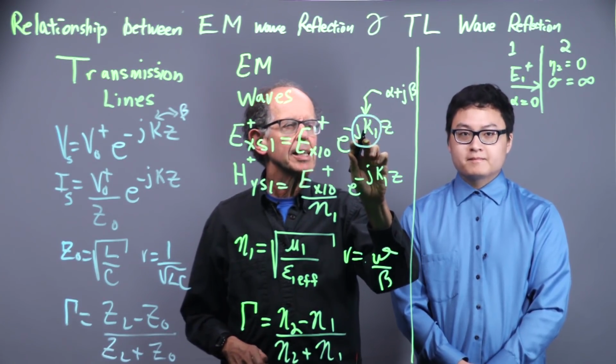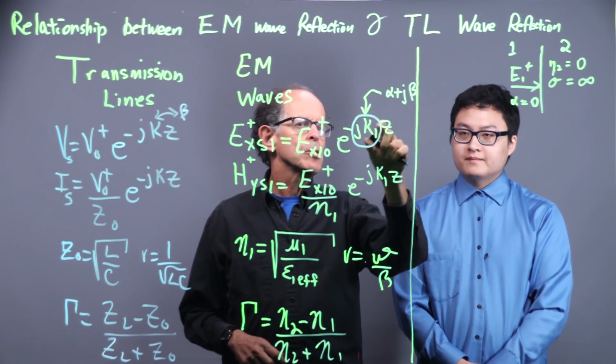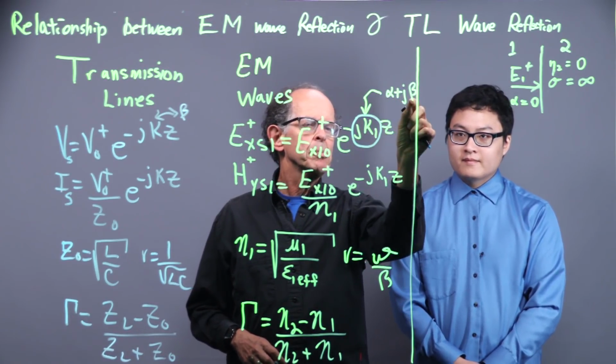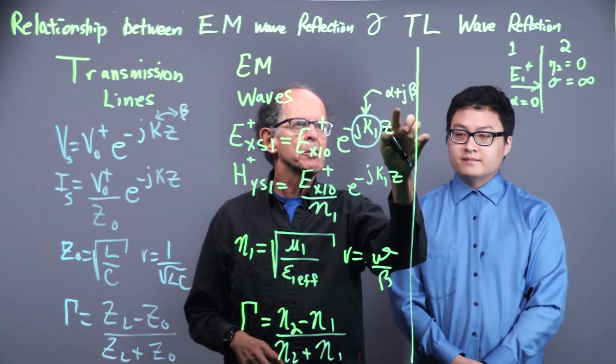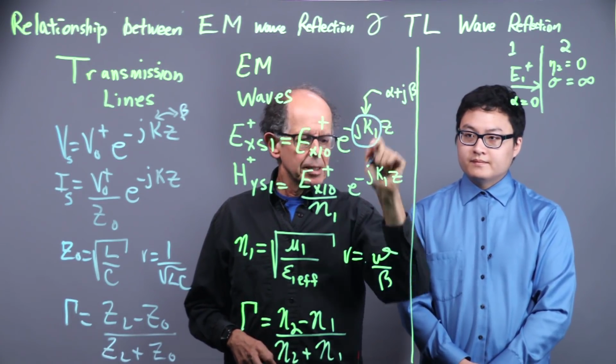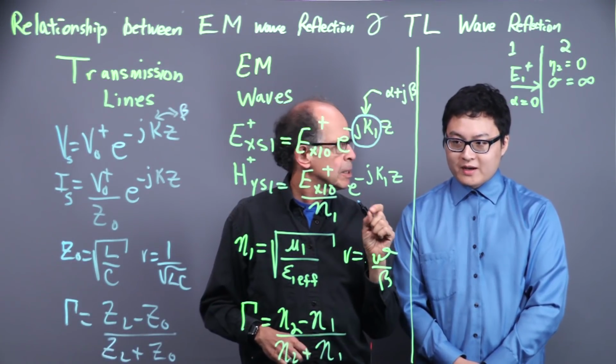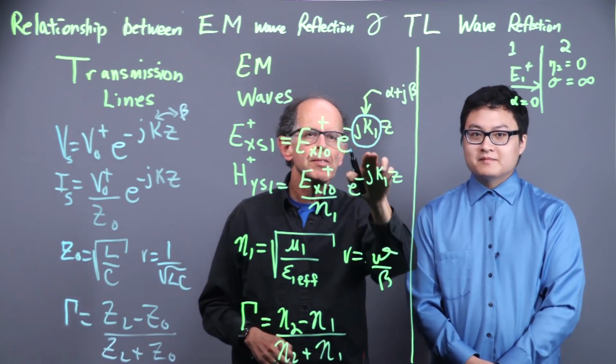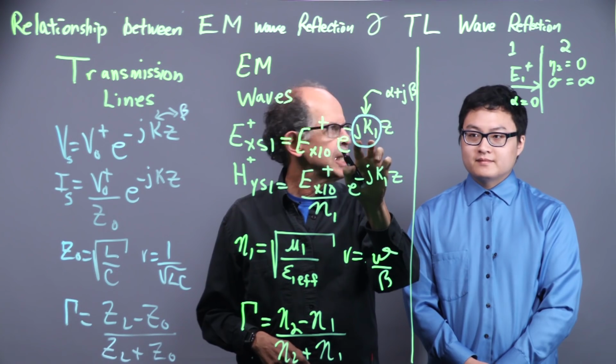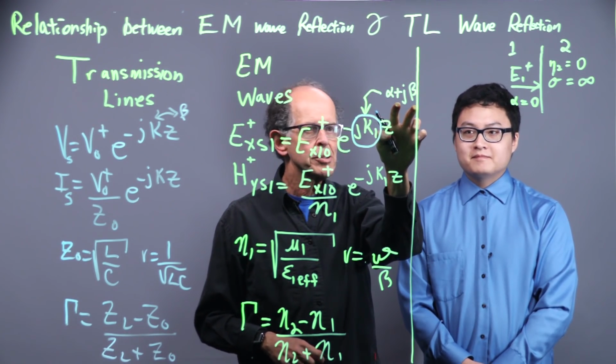So jK1 is alpha plus j beta. If alpha is 0, we get j beta z. So that's what we have. Very easy to get that wrong. Yeah, it's very easy to think K1 is this, but it's jK1 is alpha plus j beta.